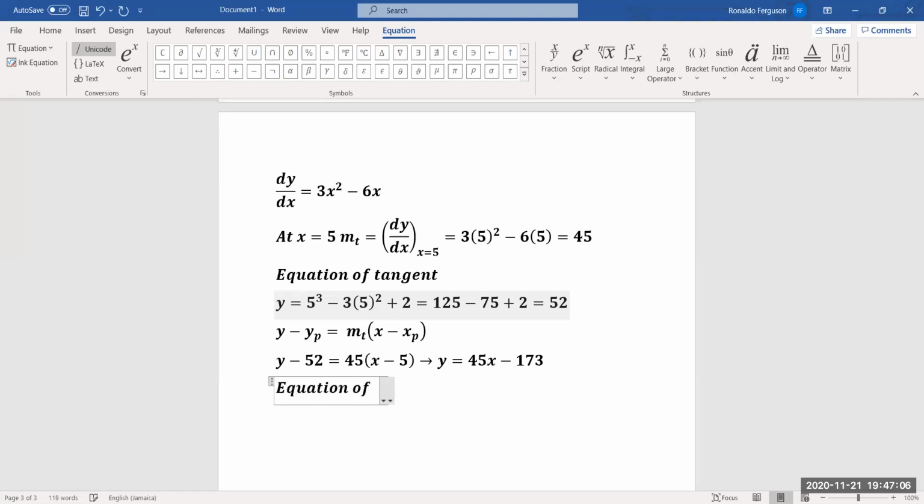1 over the gradient. All right, so before you can find the equation of the normal, you need mn. You need mn, but once you know mt, you know mn. What's mn? What's the gradient of the normal?